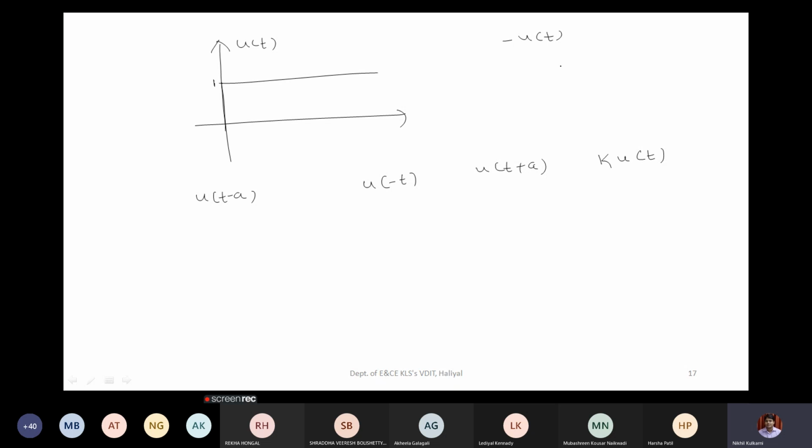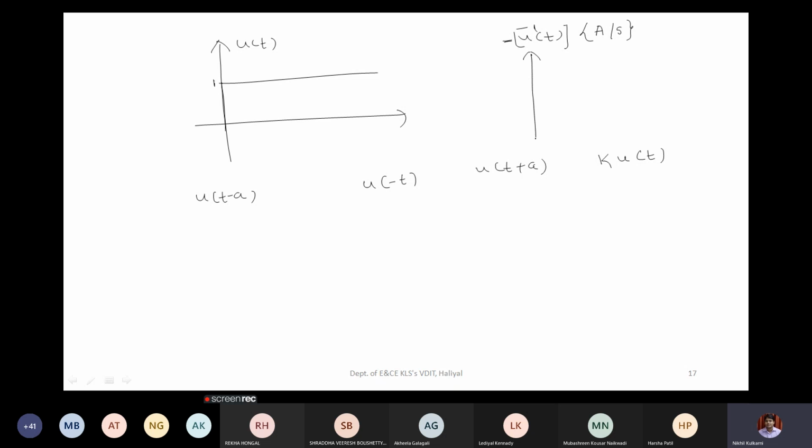So the operations we discussed, right? So this is which operation now? I have u of t. I am just multiplying it by minus 1. Which operation? Amplitude scaling. So u of t was defined at 1.